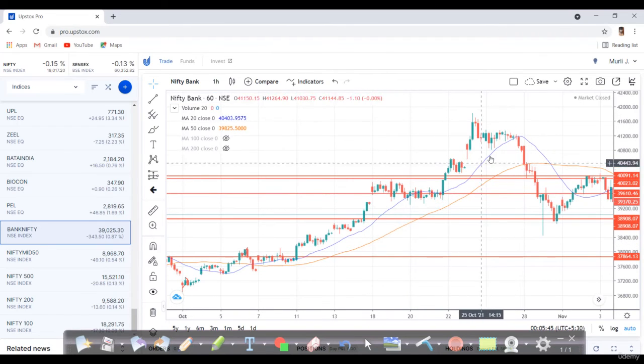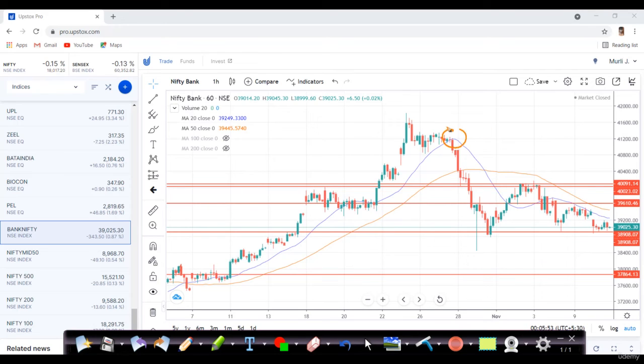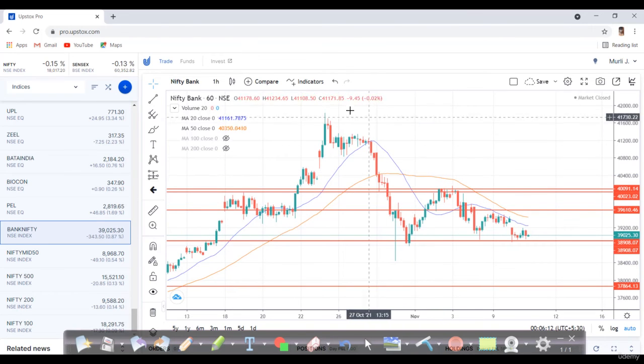Or let's say the candles are above this line and not crossing the orange line, my view is bullish only, because the market is taking support and moving upside. But when the market crosses this line, then once the blue line crosses the orange line downside, I will change my view to bearish.